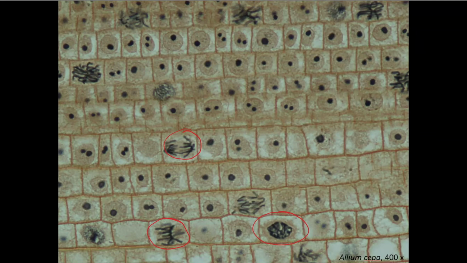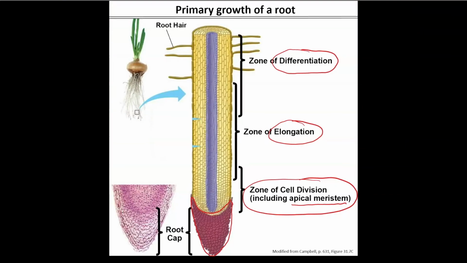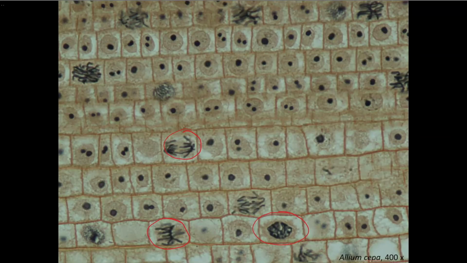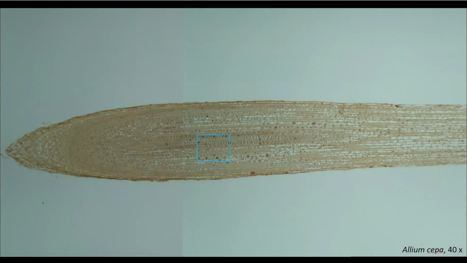So since mitosis is occurring, which part are we in? Oh wait, we're going to be in the zone of cell division. Okay, so this is zoomed into the zone of cell division. Look at where that's at on a real root. Note we have the root cap down here on this end.